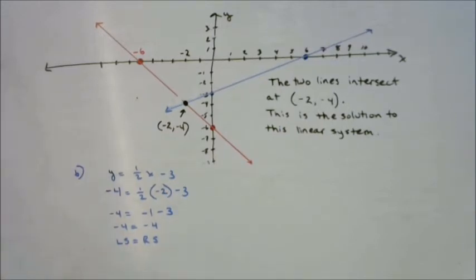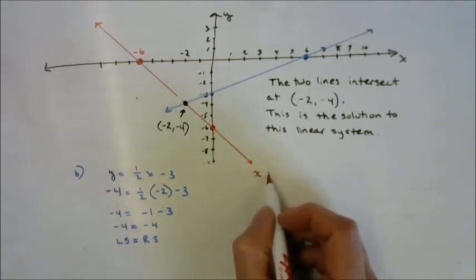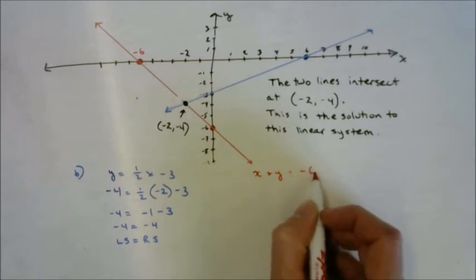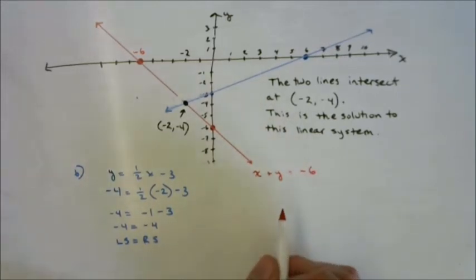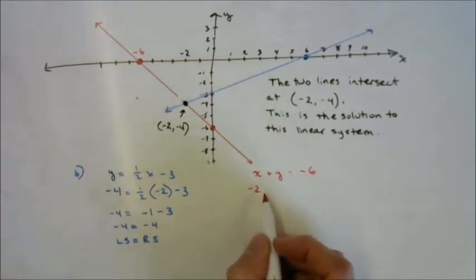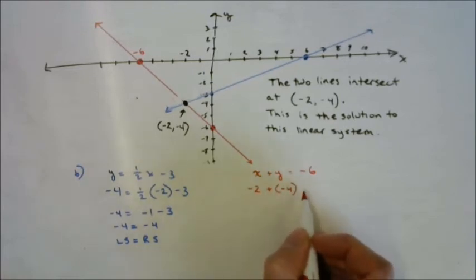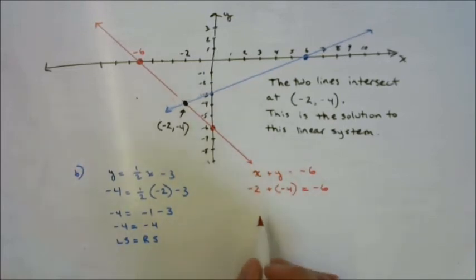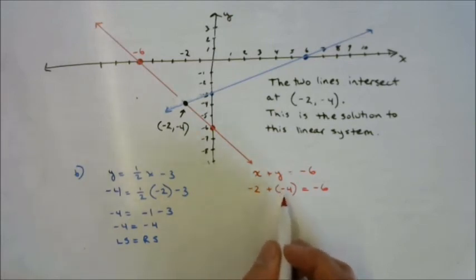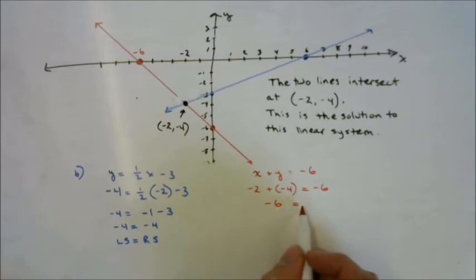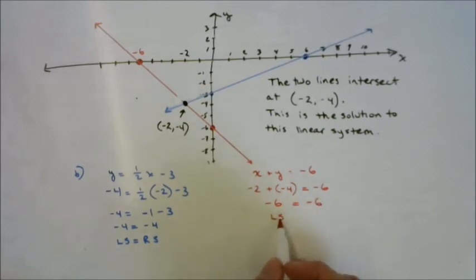And we'll skate over to our red line, which was x plus y equals -6. We'll sub in our points there, making sure we sub them in the correct spot. We have -2 plus -4. -2 plus -4 is the same as -2 minus 4, which is -6. On the right, we have -6, so we have left side equals right side here.